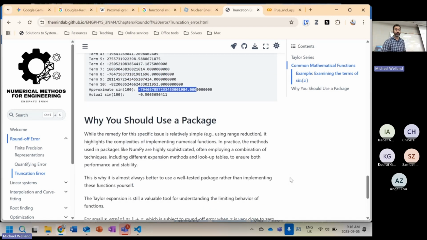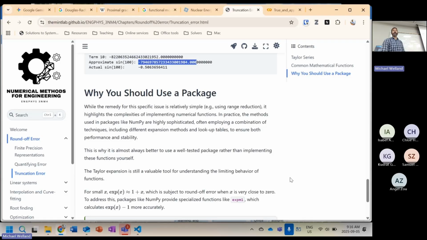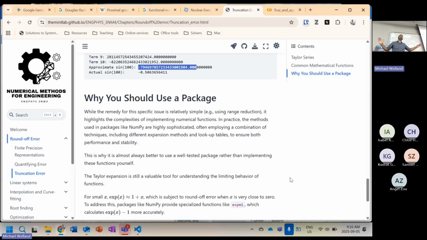It doesn't really matter. All this comes back to why we should use a package. This is exactly what the packages are. They're people smarter than us, especially myself, maybe not you guys. They understand how this sort of stuff works. It makes it simple, but it also makes it robust, because if you were just doing Taylor expansion, you could be forgiven for taking it up to 100 and not realizing that it was giving you terrible answers.